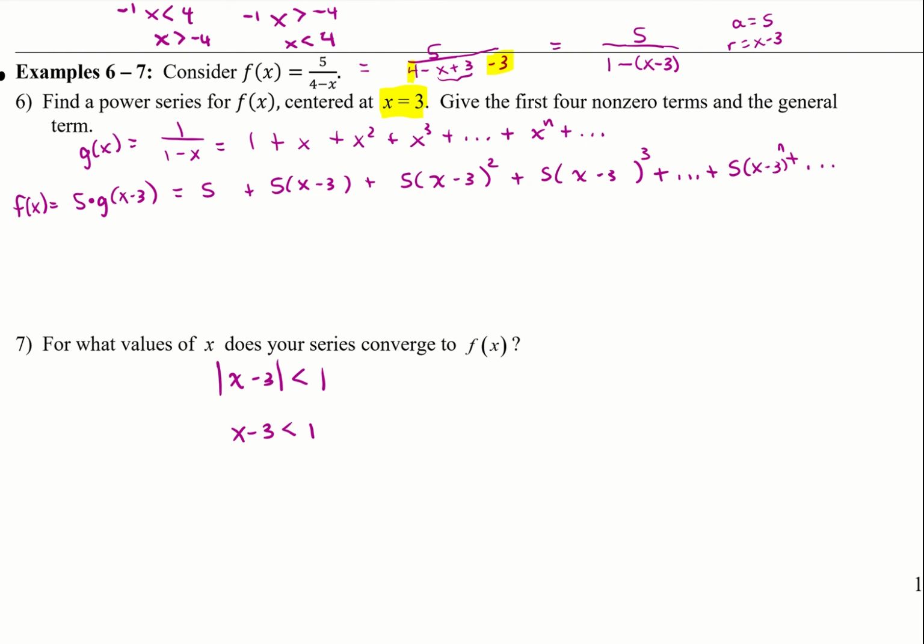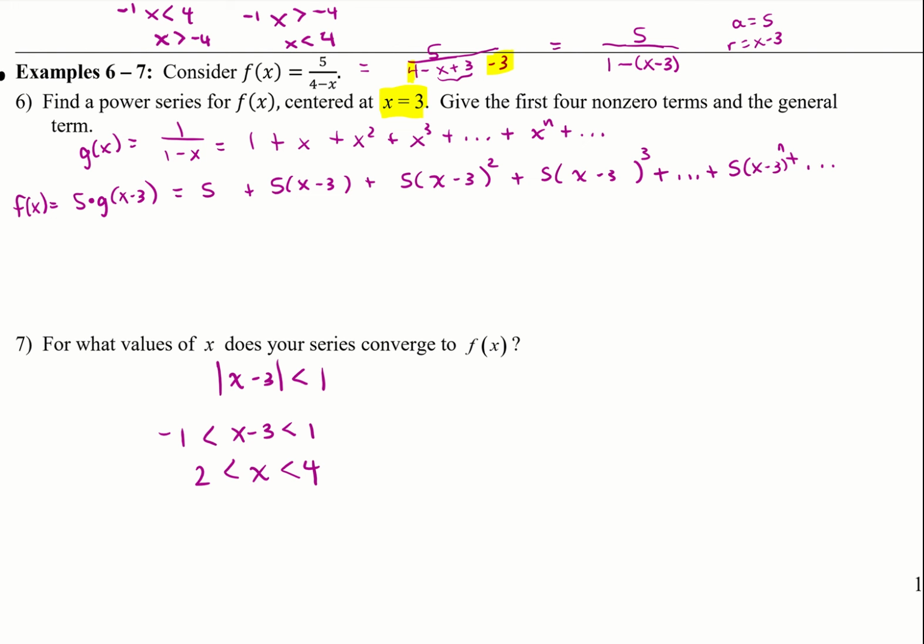A more graphical approach, if you prefer, is to think about where r would be if it is less than 1 unit away: that would be in between 1 and negative 1. So x minus 3 has to be in between 1 and negative 1. I kind of like that way. It doesn't matter to me. And then add 3 to all the sides. And lo and behold, I get in between the inequality 2 and 4.